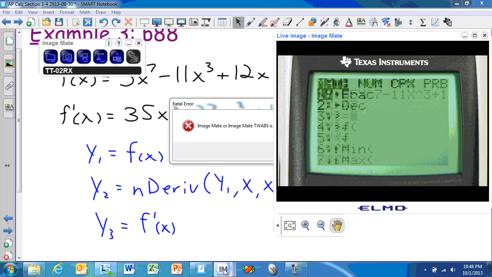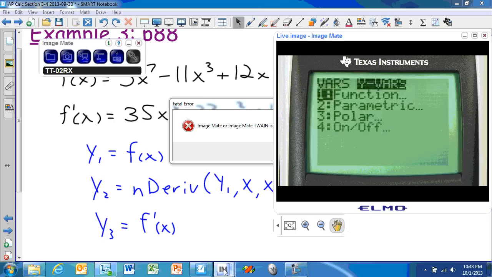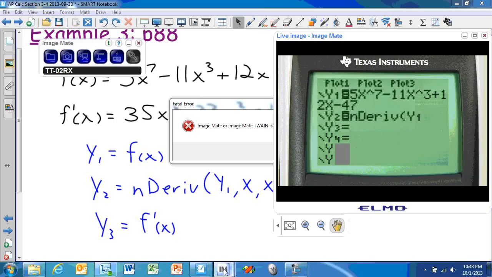And in y2, let's put in nderiv of y1. My variable is x and my value is x. And then in y3, let's put in the algebraic derivative that we came up with, 35x to the 6th minus 33x squared plus 12.